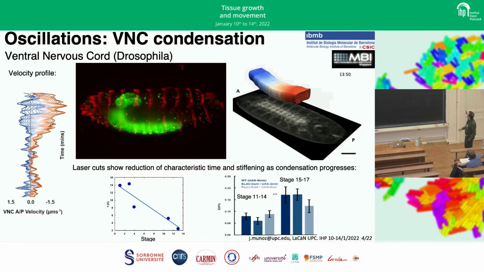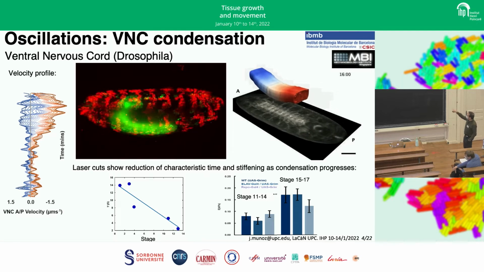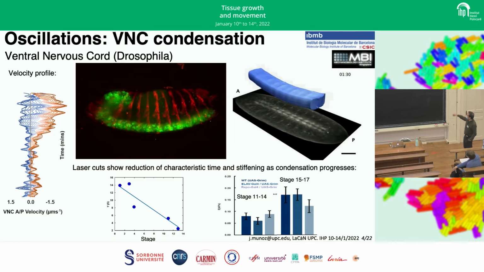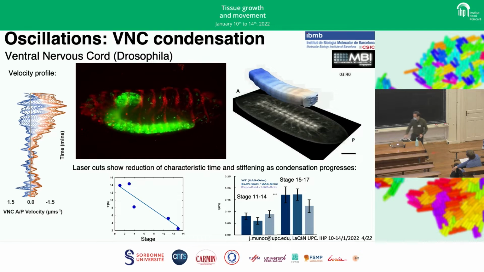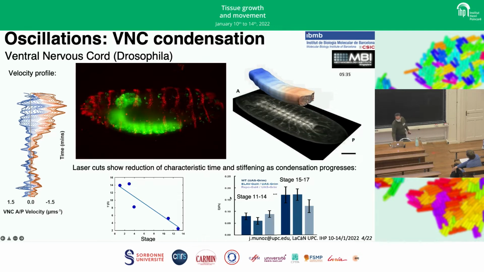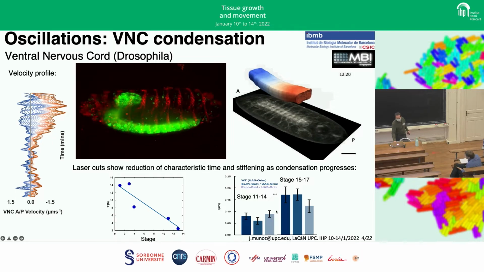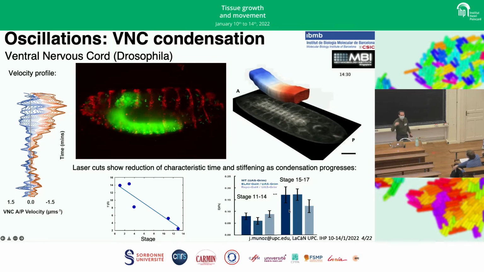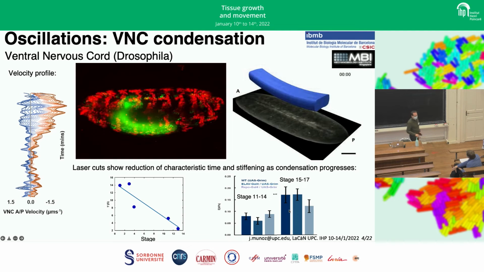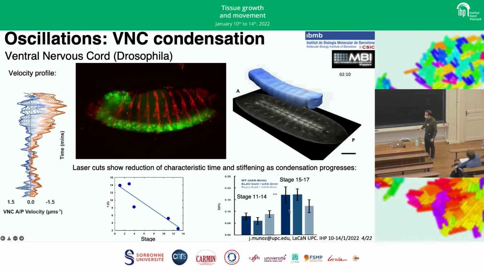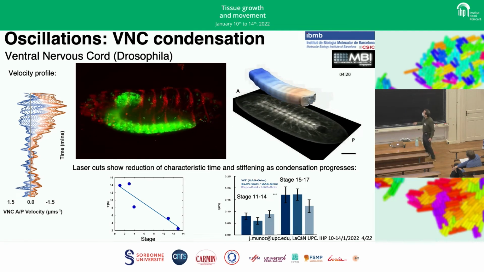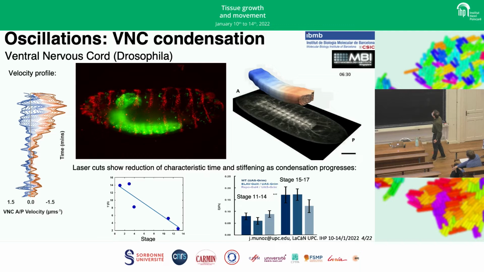At the same time, the rigidity has been measured, and in agreement with this reduction of the characteristic time, the rigidity also increases. So either viscosity reduces or the rigidity increases, producing a reduction of the characteristic time.